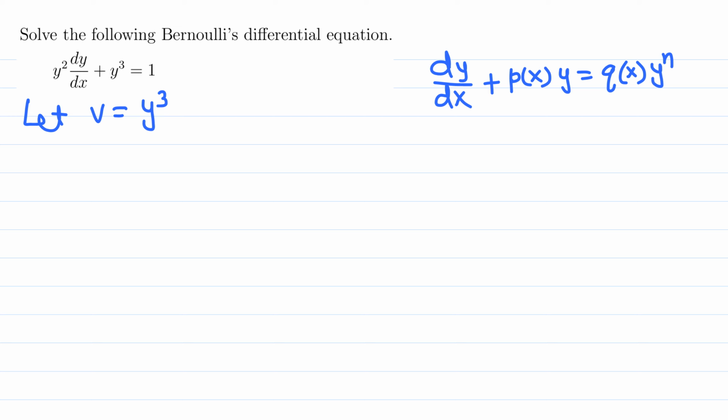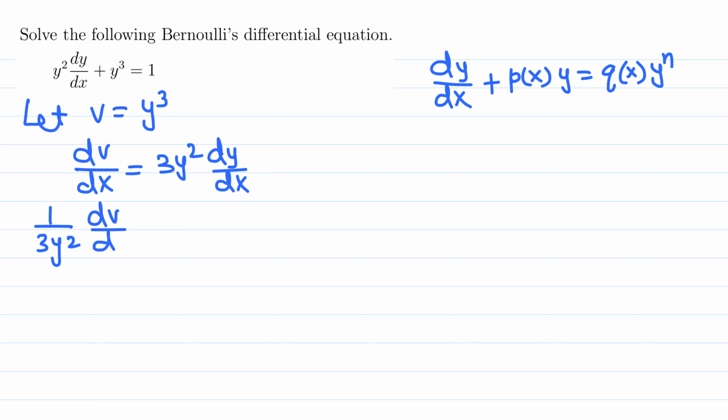So this becomes v. Now we want to convert dy over dx in terms of v. So to find dy over dx, let's differentiate both sides with respect to x. Then dv over dx is the derivative of y cubed with respect to x. From the chain rule, this is 3y squared times dy over dx. And we wanted dy over dx, so dy over dx equals dv over dx divided by 3y squared. So 1 over 3y squared times dv over dx is equal to dy over dx.